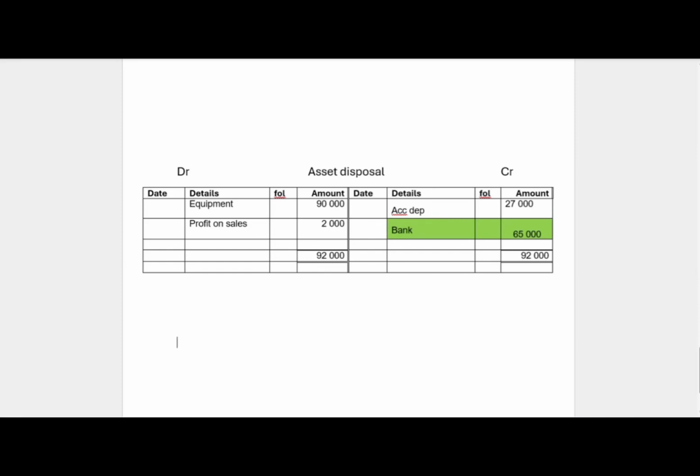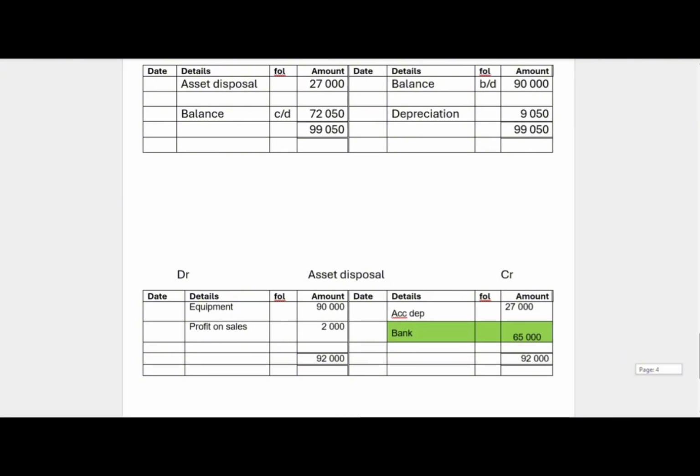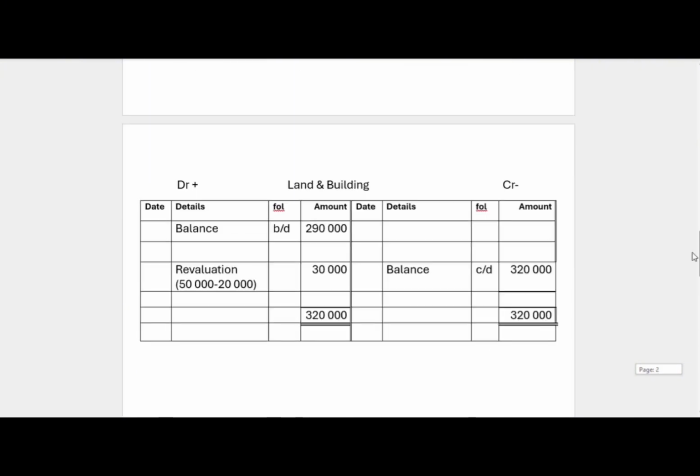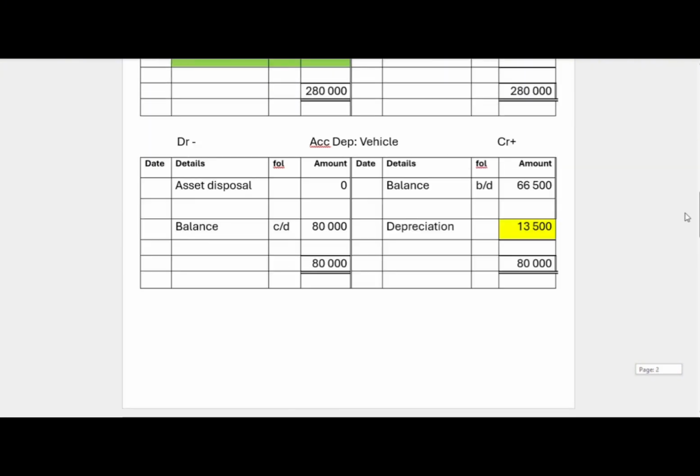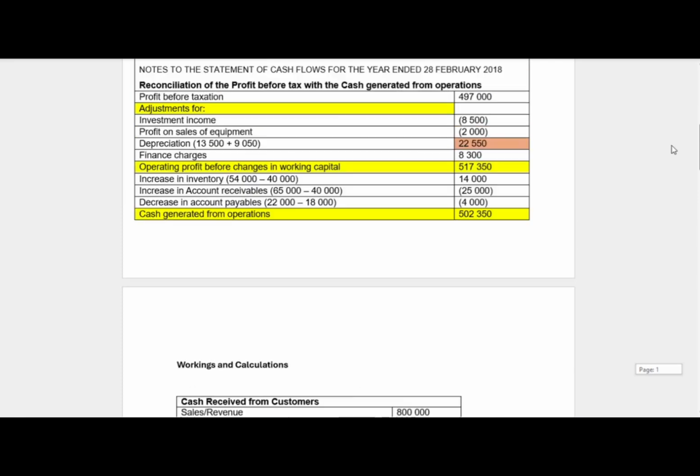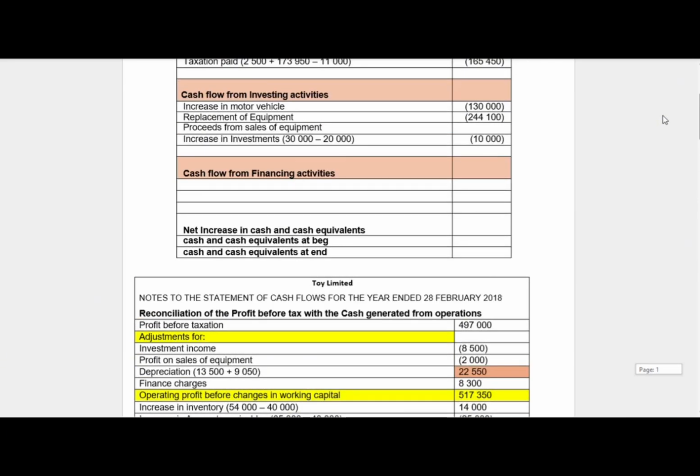Our bank of 65,000 is our proceeds from sales of equipment, and then we go to our cash flow inflow. This one is an inflow, 65,000. We don't put it in brackets. It's an inflow.